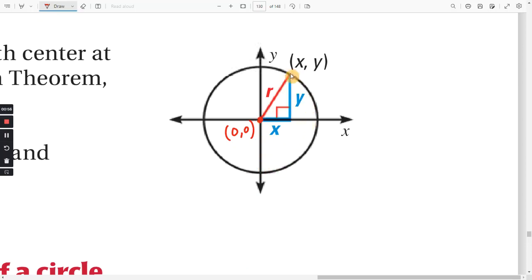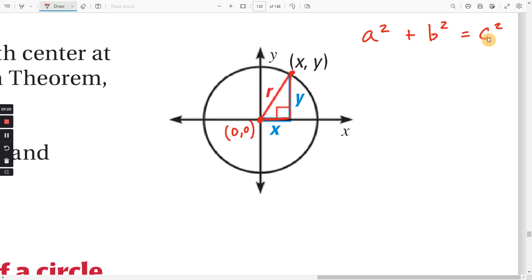So if we took this point right here, the x coordinate of this point would be the length of this part of the triangle, and the y coordinate of this point would just be the length of this part of the triangle. And they simply use the Pythagorean theorem, a squared plus b squared equals c squared.